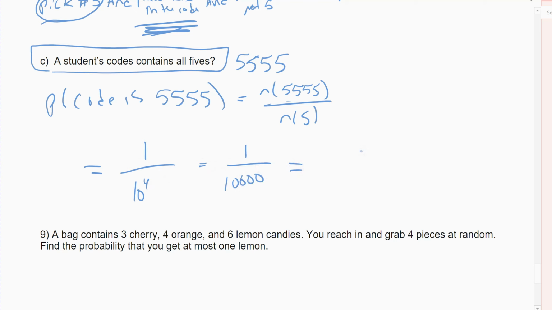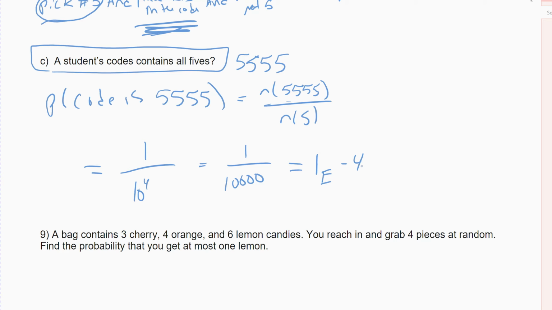Which, if you're careful here, your calculator will give you, I believe, 1e to the negative 4th, right? That's what the calculator spits out, and that's the scientific notation. That means I move my decimal place over 4 spots from the 1.